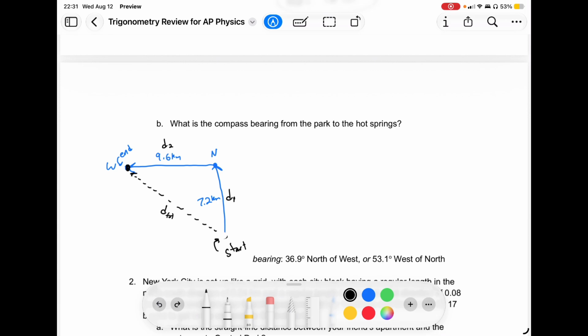So let's start with our north, since I think that's how most of us would start. So if we go north, then some angle over to the west is what that angle theta will be.